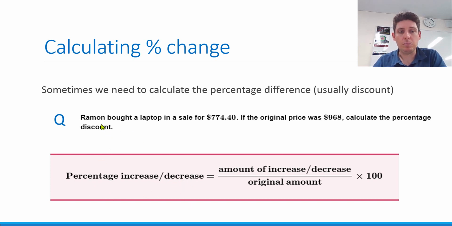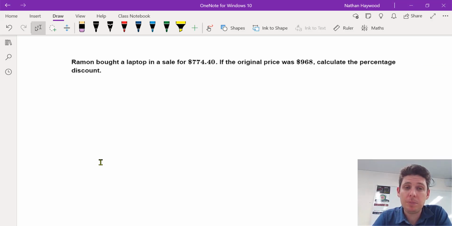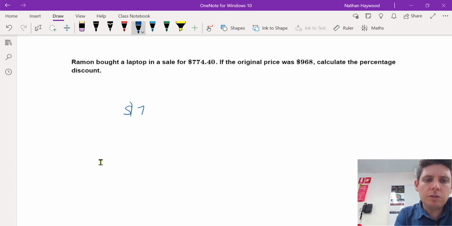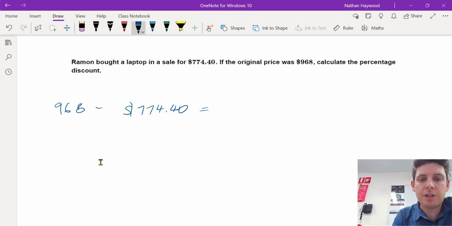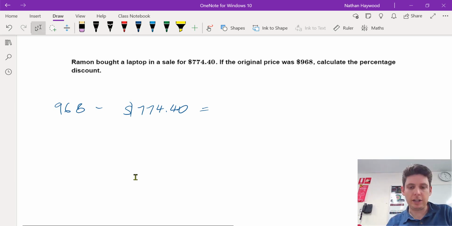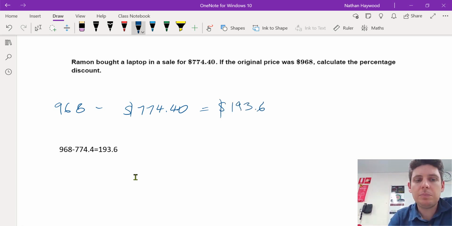We could do this for Ramon. So Ramon bought a laptop in a sale for $774.4. If this is how much Ramon spent, and the original is $968, let's first calculate how much it was reduced by. So that one minus the 774.4. Get out your calculator, you have a go. Do you get the same answer as me? So it's been reduced by $193.6.